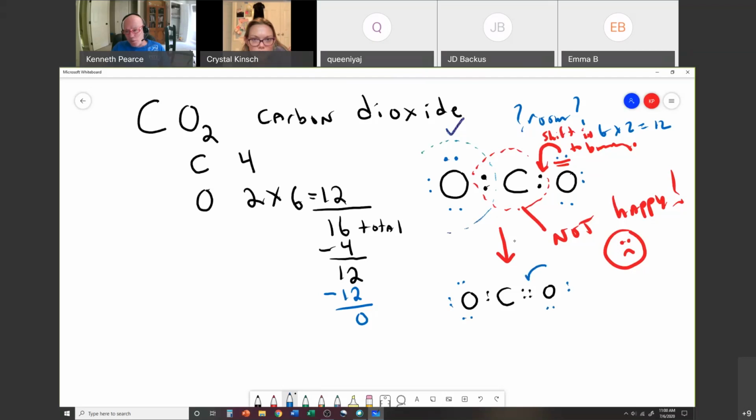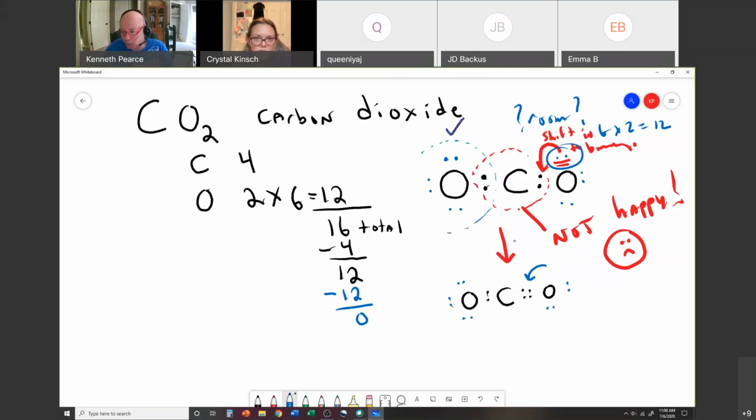I didn't move them. Now, this is important, and this is something that when I was in your position, wasn't explained to me properly. Those 2 electrons that just shifted in up here never left the oxygen. I didn't move them off the oxygen. What I did was shift them so they went from non-bonding to bonding.